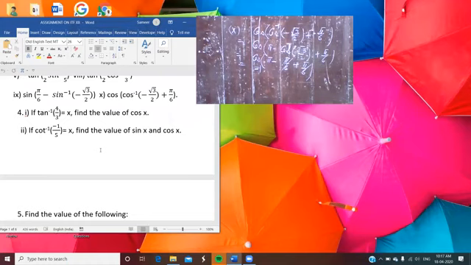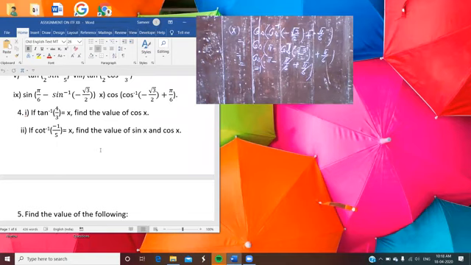Here it is given x, so you have tan x is equal to 4 by 3. With the help of a triangle or identity, find the value of cos x. In the same way, in the second part, cot inverse 1 upon 5 is equal to x. So cot x is 1 by 5, and here you have to find the value of cos x and sin x.